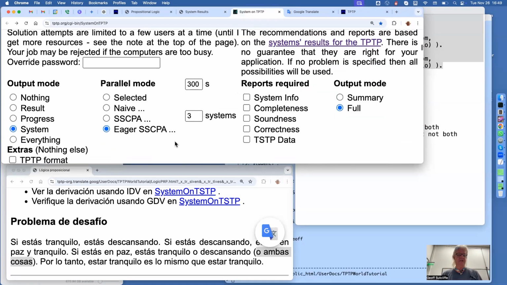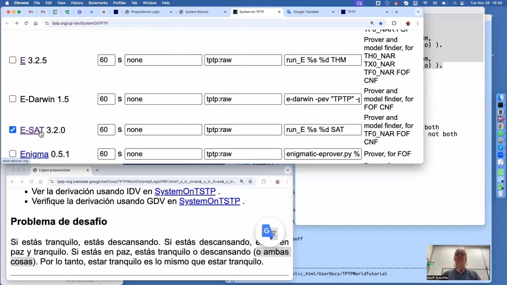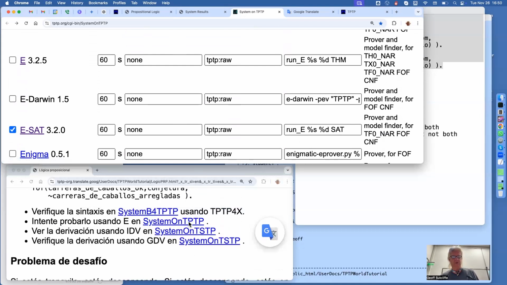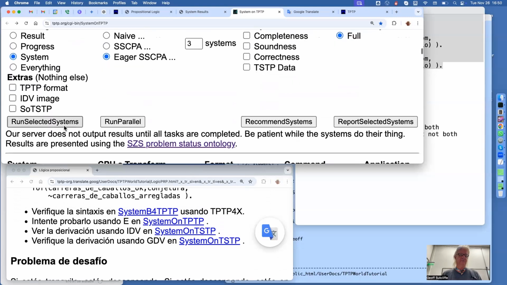And remember, to check the axioms we use ESAT. We use that interface and ESAT to check that the axioms are consistent.